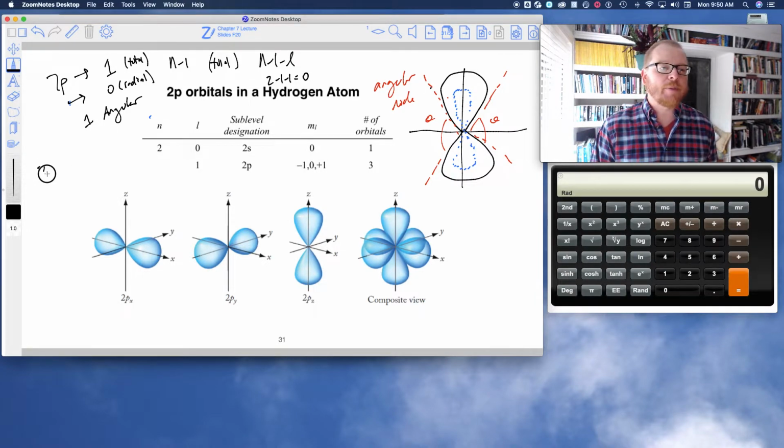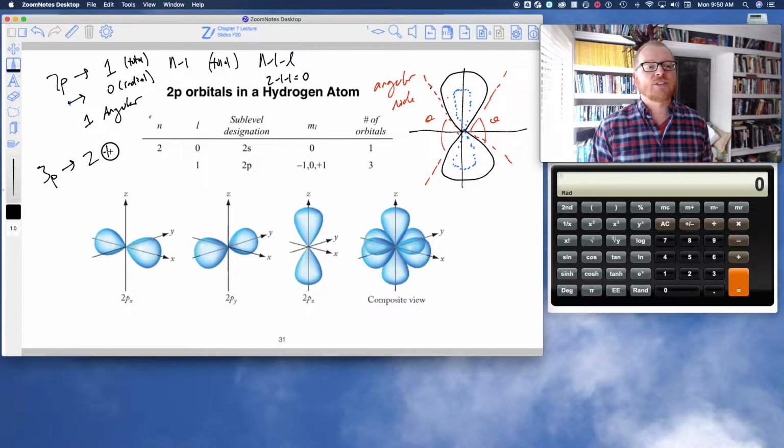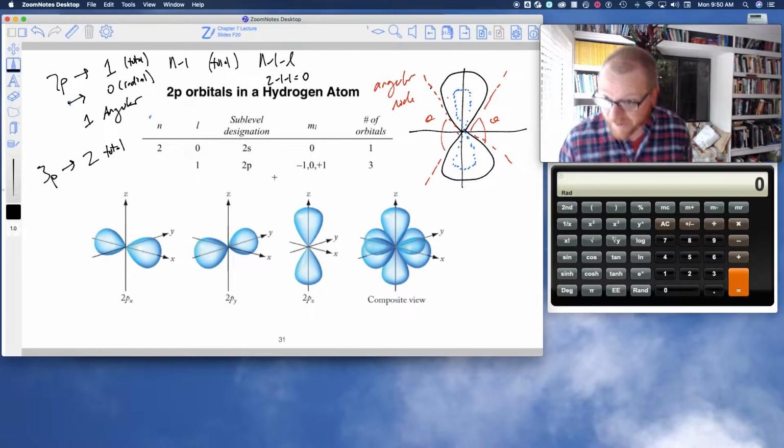Well, what about 3p? We know 3p has 2 nodes in total. So how many radial nodes will 3p have? Well, it's going to have 3 minus 1 minus 1, which is 1.